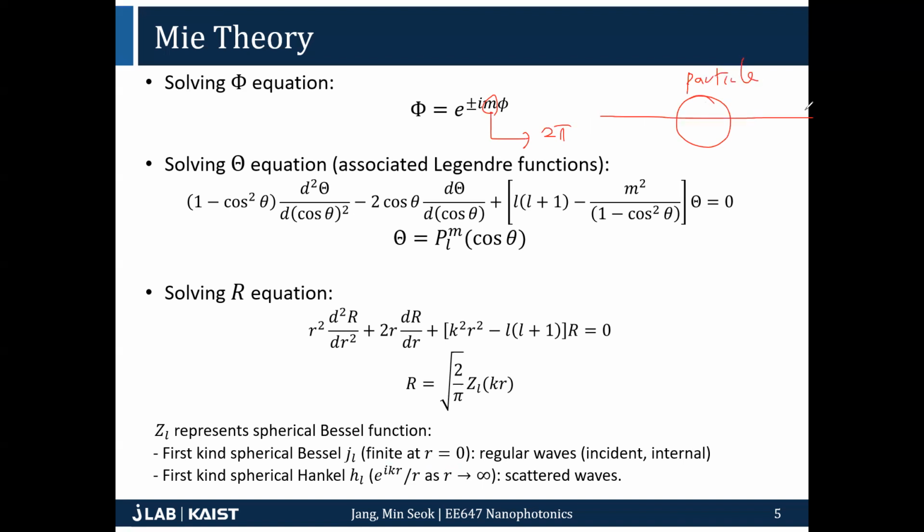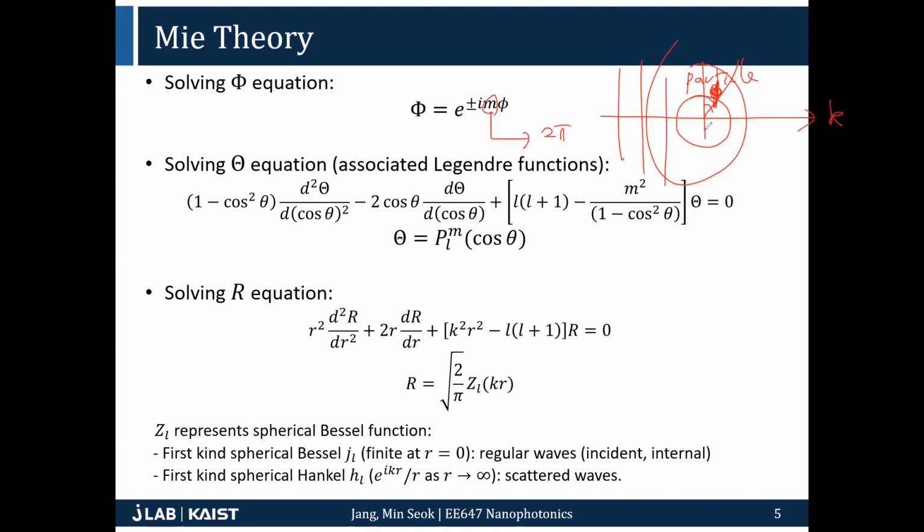Let's say you define the azimuthal direction, and this is k, the direction of propagation. Then along the phi direction, there is a symmetry, right?